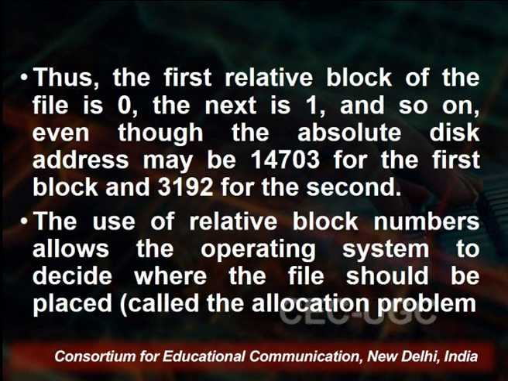So, absolute block addresses vary, because block numbers are generally given in the relative format. The use of relative block numbers also allows the operating system to decide where the file should be placed, and this allocation problem can be tackled very efficiently with the help of relative block numbering.